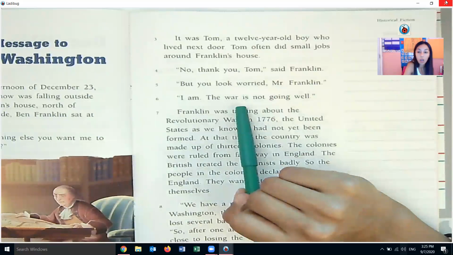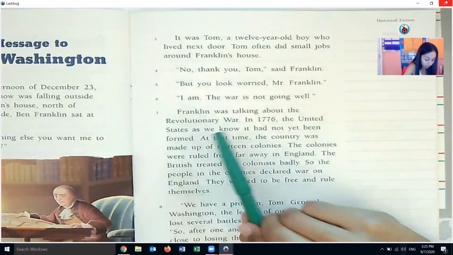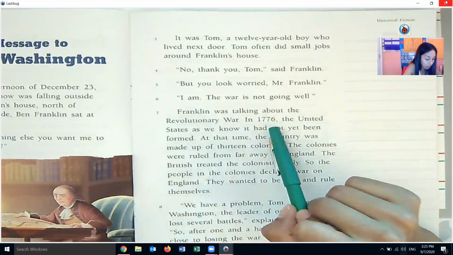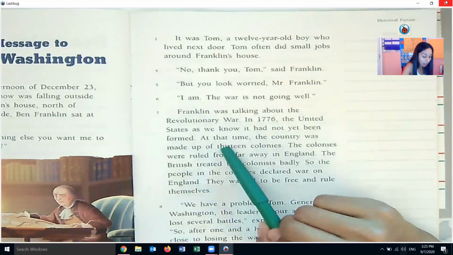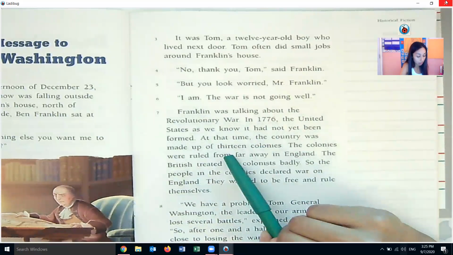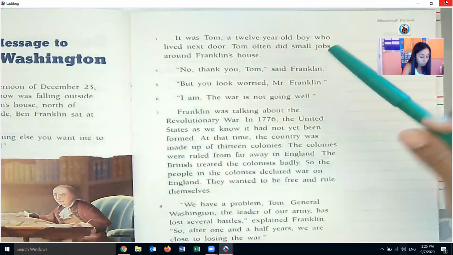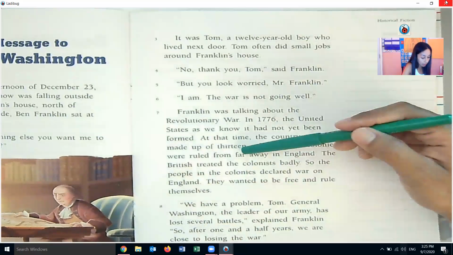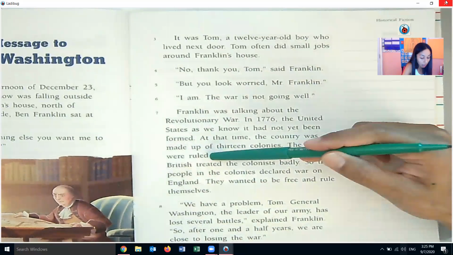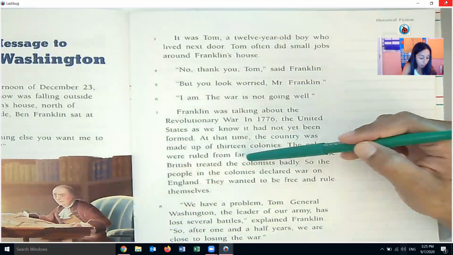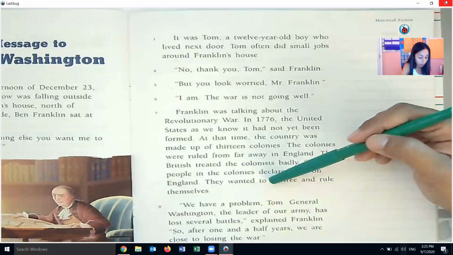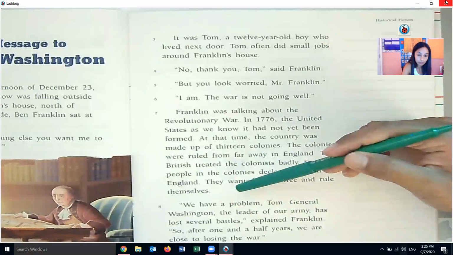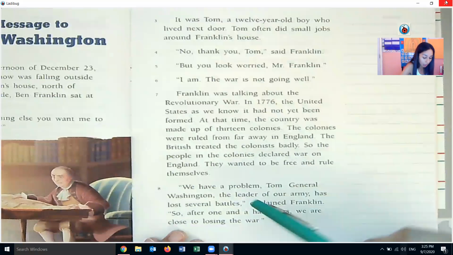"I am. The war is not going well." Franklin was talking about the Revolutionary War. In 1776, the United States, as we know it, had not yet been formed. At that time, the country was made up of 13 colonies. The colonies were ruled from far away in England. The British treated the colonists badly, so the people in the colonies declared war on England. They wanted to be free and rule themselves. "We have a problem, Tom.